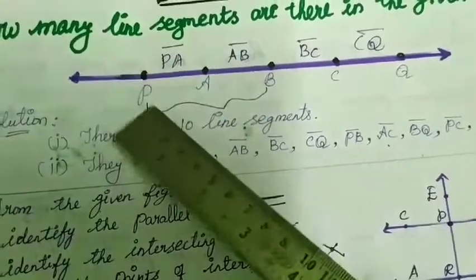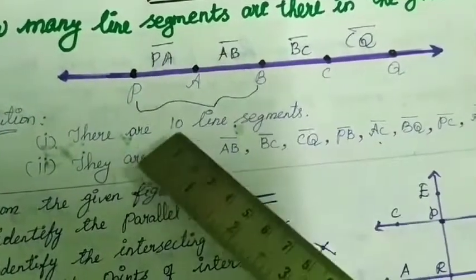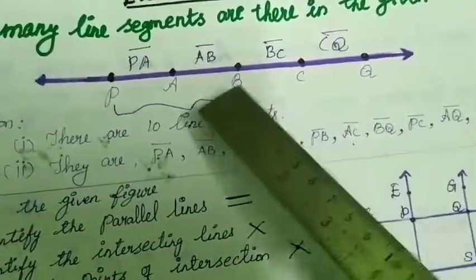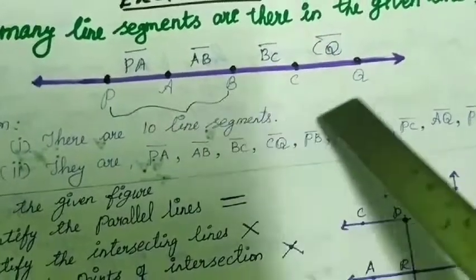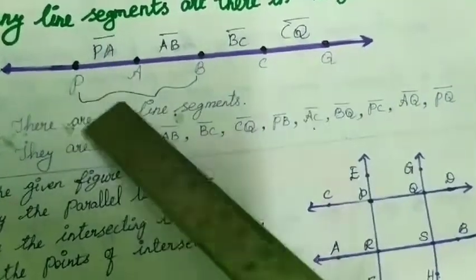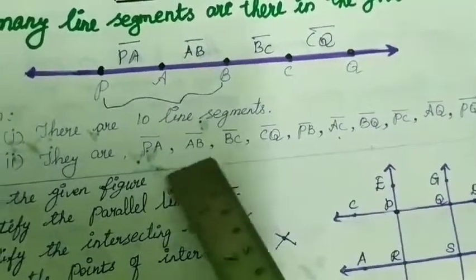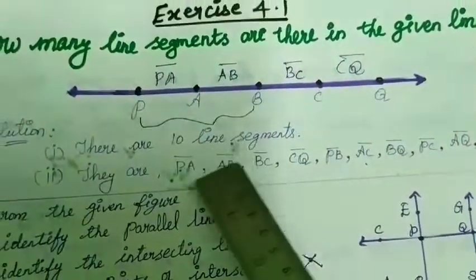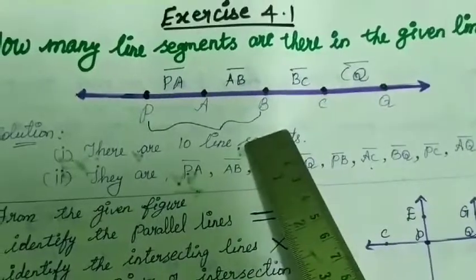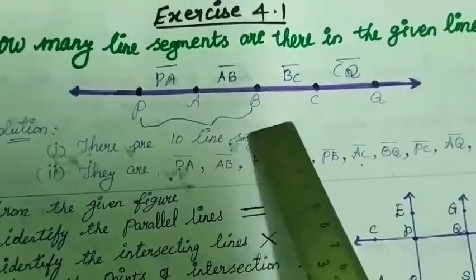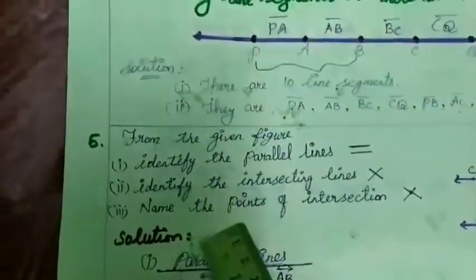After that PB, then AC, then BQ, then PC, and then PQ. So totally there are 10 line segments in this diagram.